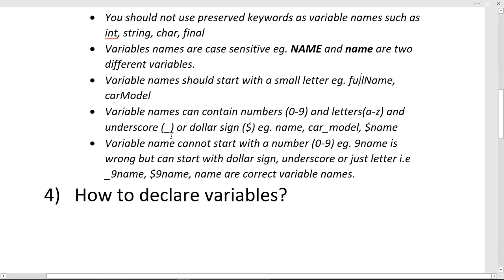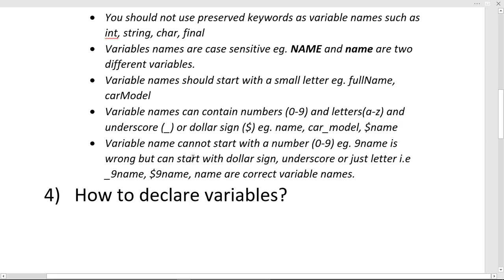Now the other rule is that variable names can only contain numbers 0 to 9, A to Z, and underscore or a dollar sign. This is a variable name, and a dollar sign, you can use this one in a variable name. We'll see as we discuss how to declare variables.